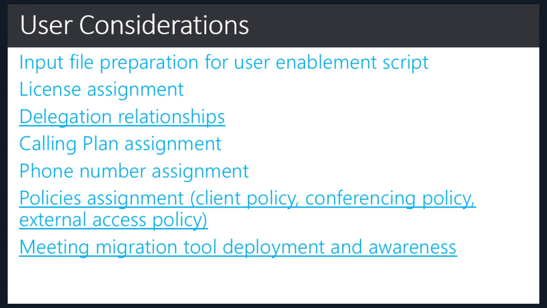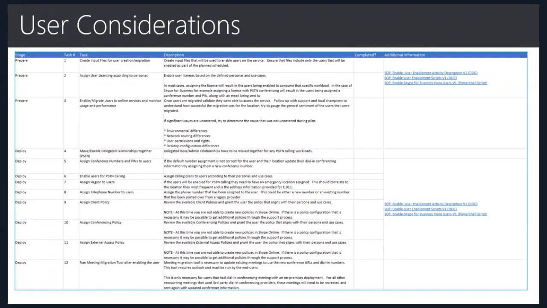When meeting migration is involved, this is where the project team is tracking the deployment of meeting update tool and the awareness of the tool. This is the example of the user consideration tab. You as a workshop facilitator will need to go through the tasks with the participants one by one and mark the tasks that are not relevant to the project as not applicable.